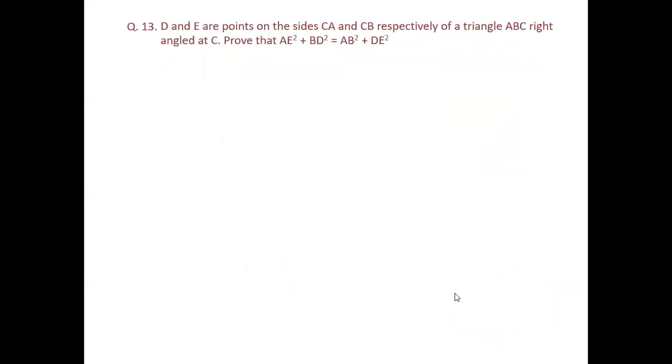Question 13. D and E are the points on sides CA and CB respectively of triangle ABC, right angled at C. Prove that AE square plus BD square is equal to AB square plus DE square. So let us see.